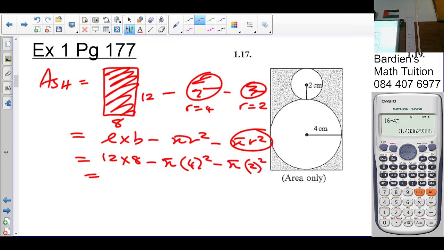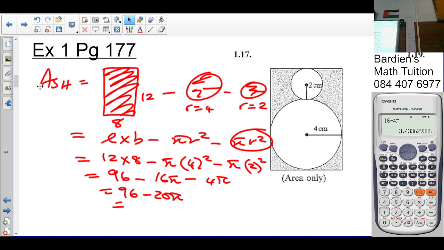So it's 12 times 8, which is 96, minus 16 pi minus 4 pi, which gives you 20 pi. This gives us 96 minus 20 pi, 33,17 centimeters squared. Okay. 1.19.